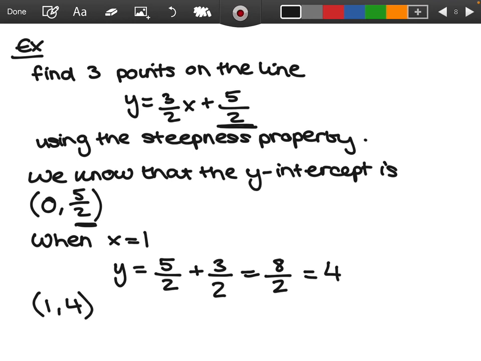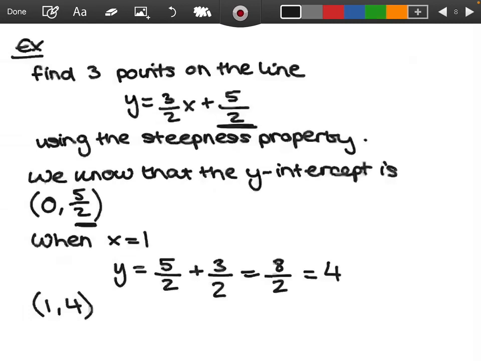Let's do another one. I'm currently at x is equal to 1. I'm going to move over to the right again by 1 point, so I'm going to move over to x is equal to 2. Again, I'm going to use my steepness property.